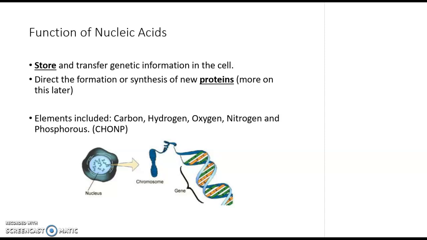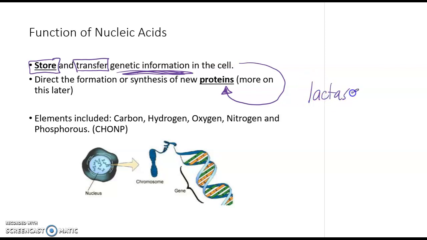The function of nucleic acid is to store and to transfer genetic information. So here's information. This genetic information in particular, it is the information that tells us how to make those proteins. So for example, if you can't make the protein lactase, okay, remember that's an enzyme, but it's a protein.